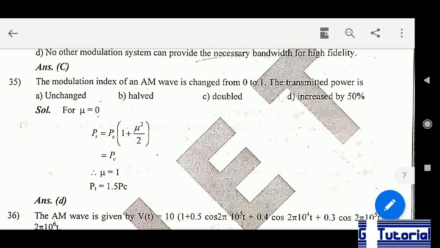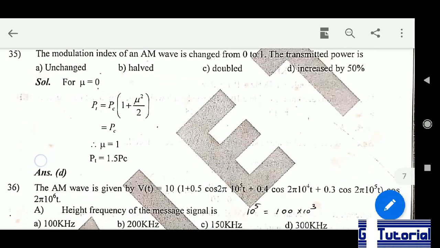And when the value of mu is 1, PT is PC into 1 plus 1 by 2, which is 1.5 PC. So PT changes from PC to 1.5 PC, that is a 50% increase. So the answer is option D, increase by 50%.